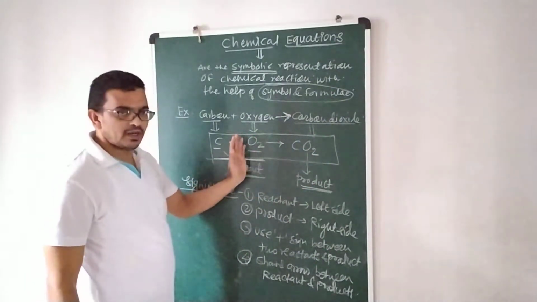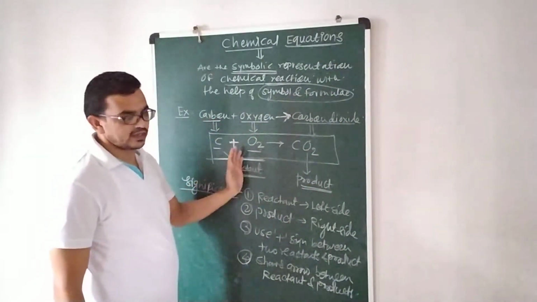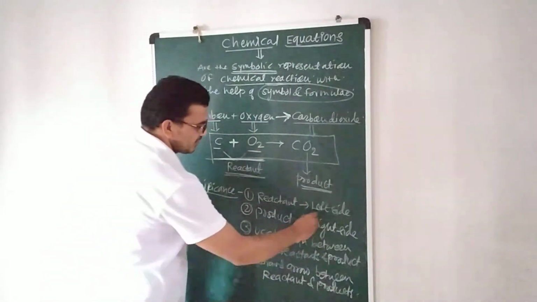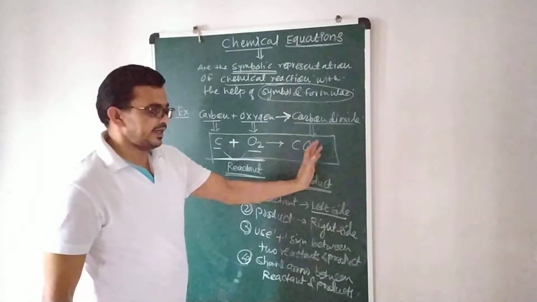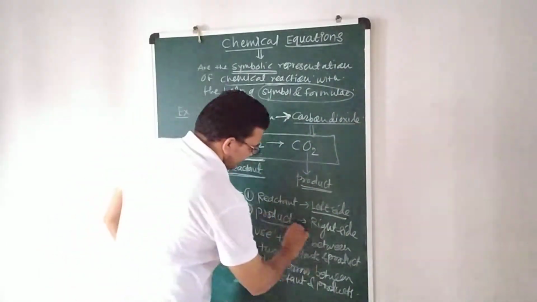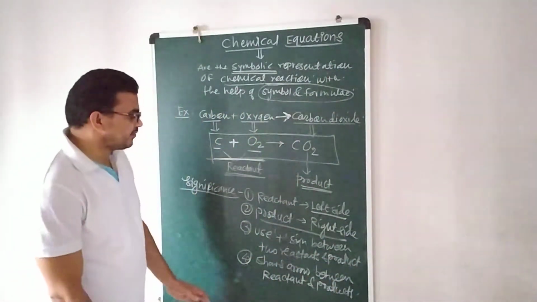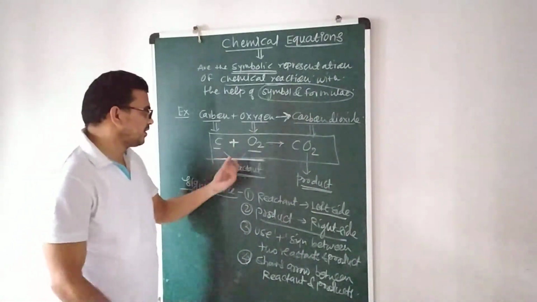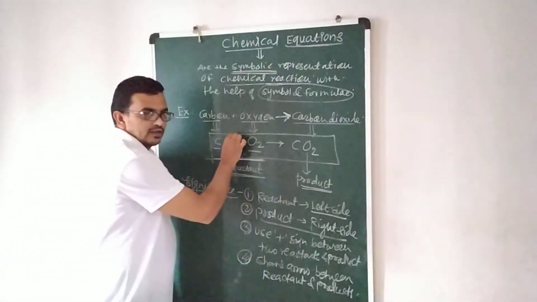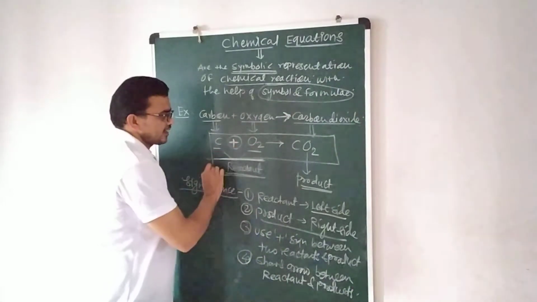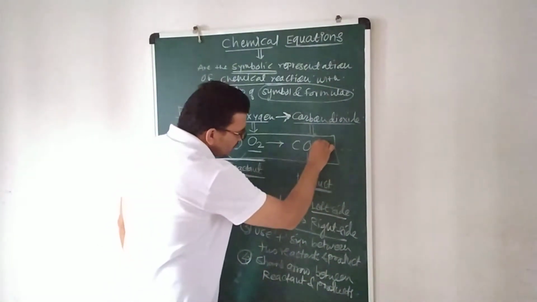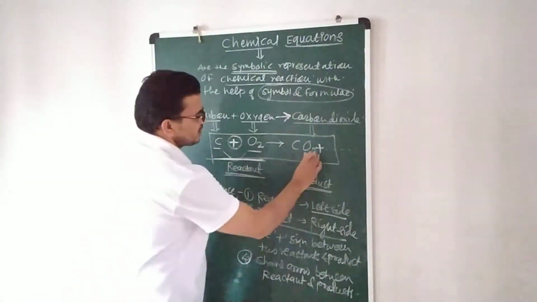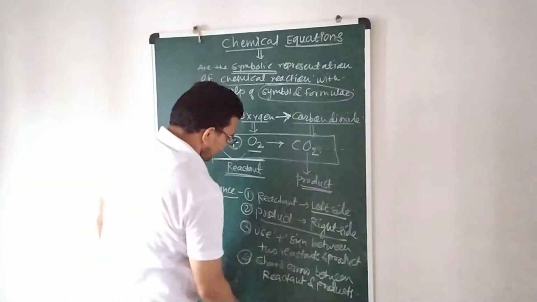The left side part is always the reactant part, and the product side part is always the right side part. Between the two reactants the plus sign is there. Similarly, if any other product is there, we have to use the plus sign. This is the meaning of the third point.